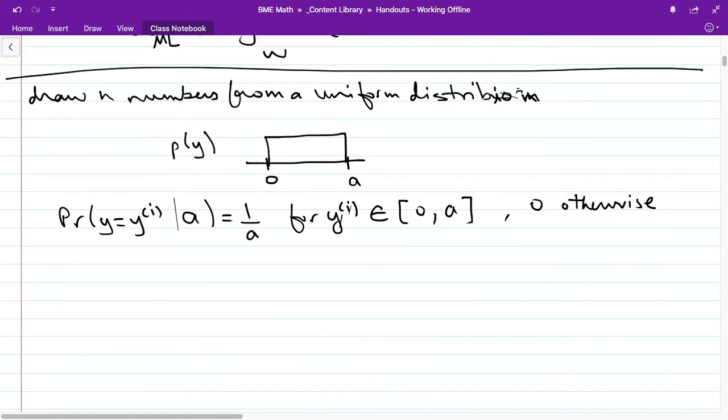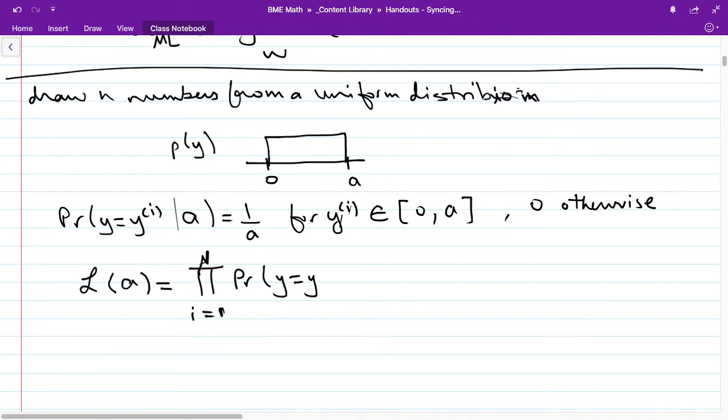So what's the likelihood of the parameter a? That's equal to the product of the probabilities of all my data points, the probability of y equal to yi, which is just 1 over a raised to the power n.